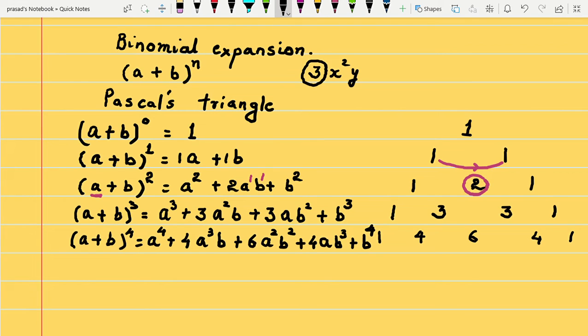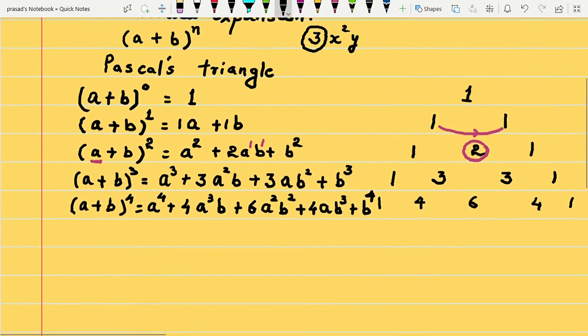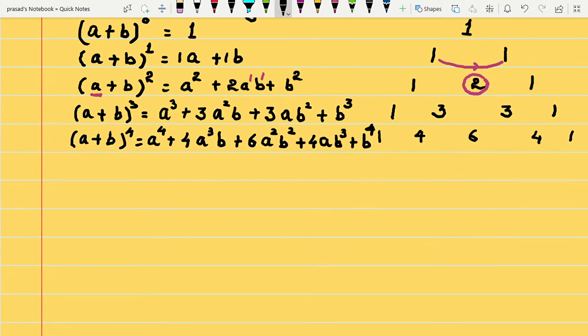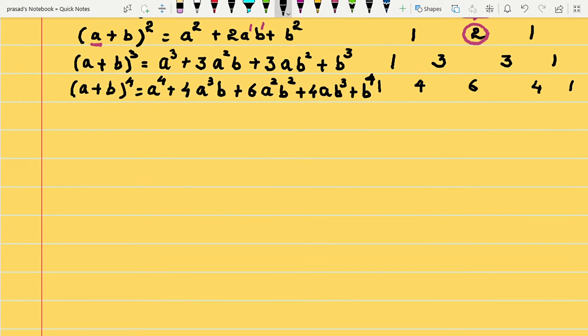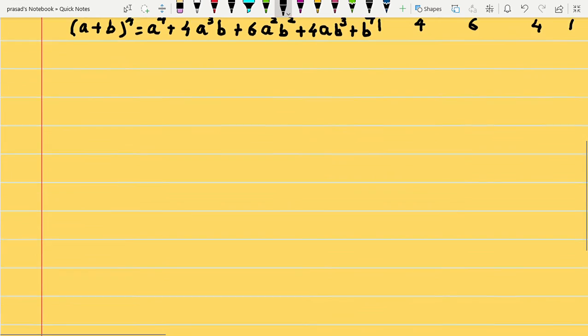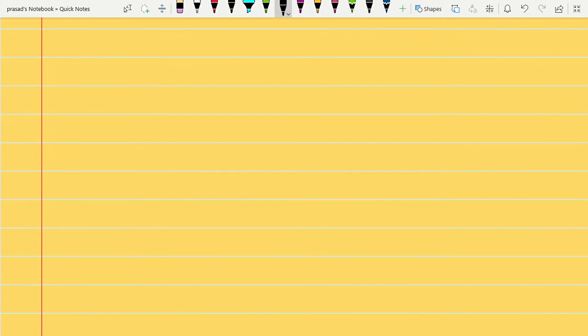So this is how, using the Pascal's triangle, I can write some of the expansions. And Pascal's triangle will be useful up till the power say 6 to 7. For higher powers, there is a general binomial expansion, that we'll see afterwards.